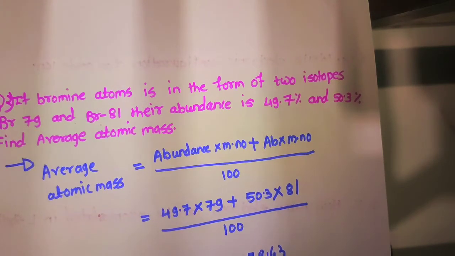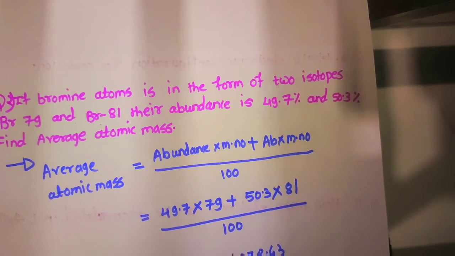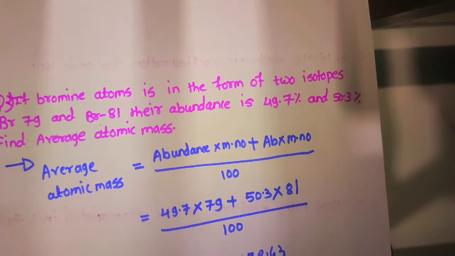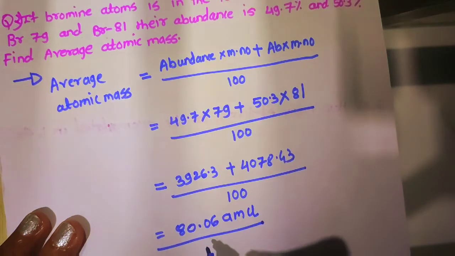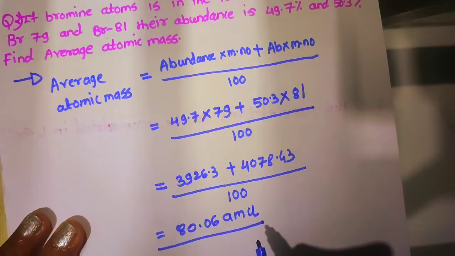So the average atomic mass of bromine 79 and bromine 81 would be 80.06 AMU. Clear, students?